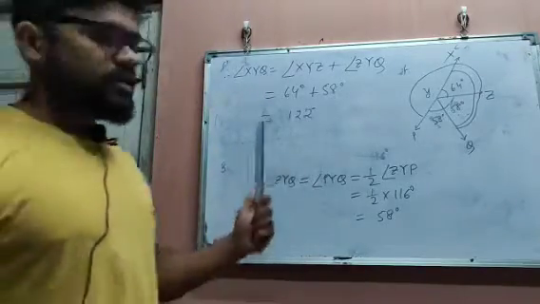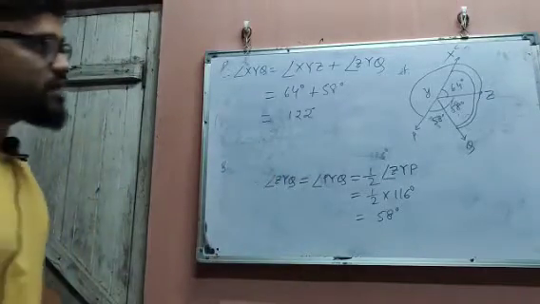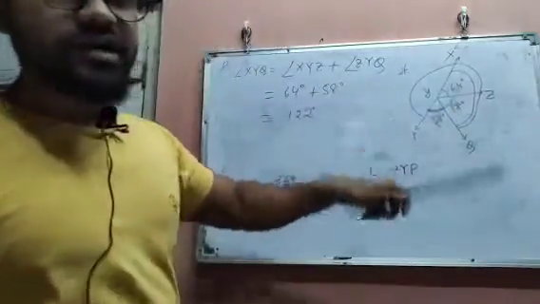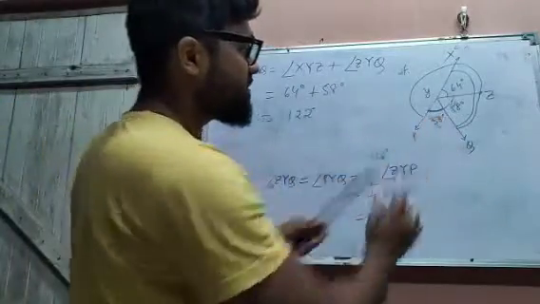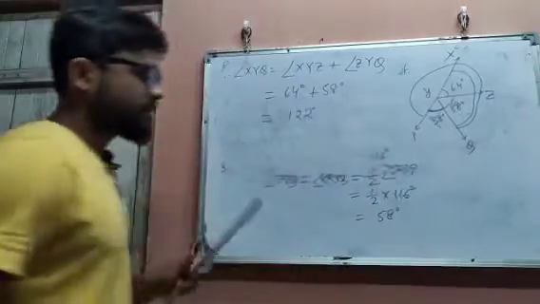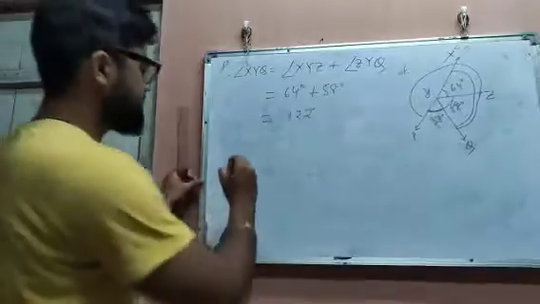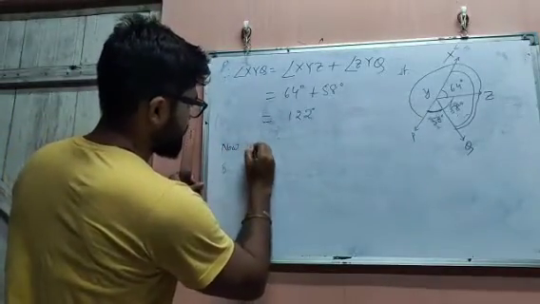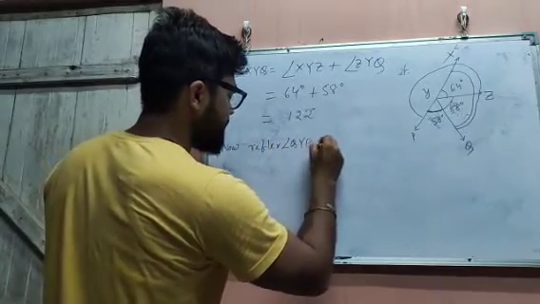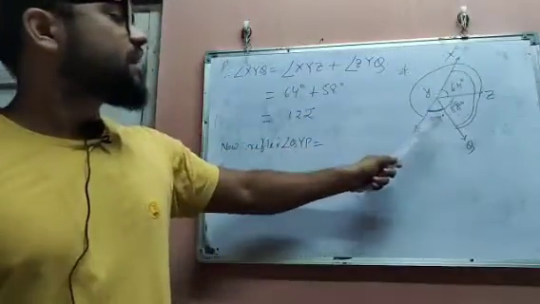Okay. So again we are asked to find reflex QYP. That means 360 degree minus angle QYP. Now reflex angle QYP, as I have told you earlier, is 360 degree minus angle QYP.